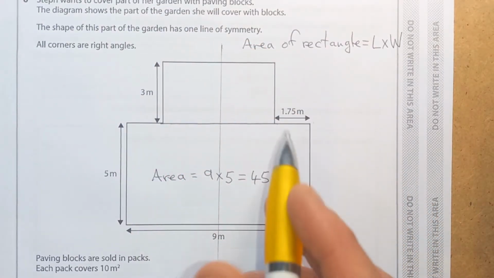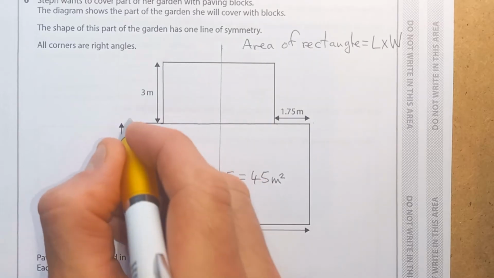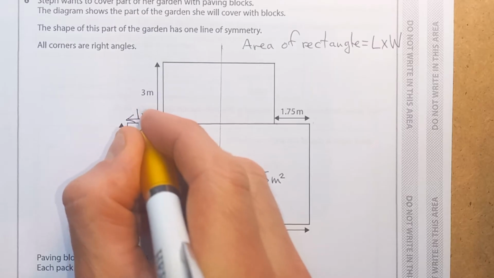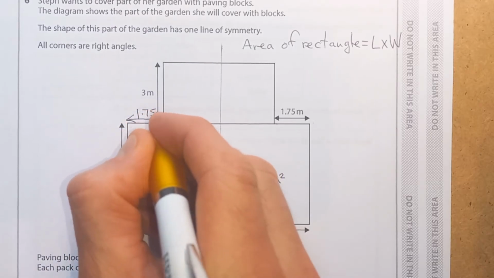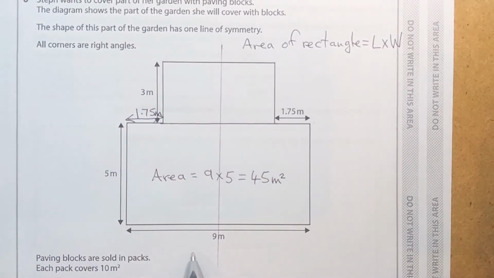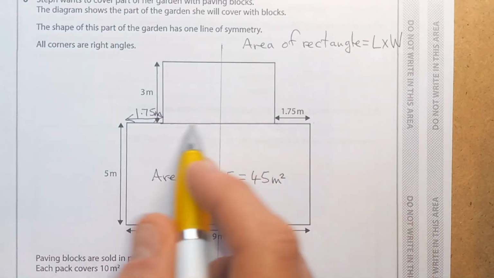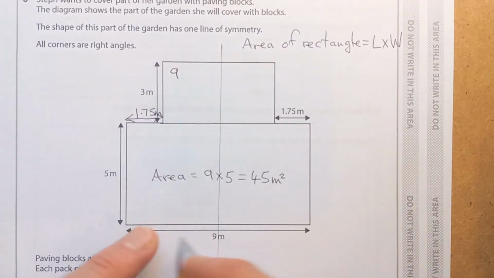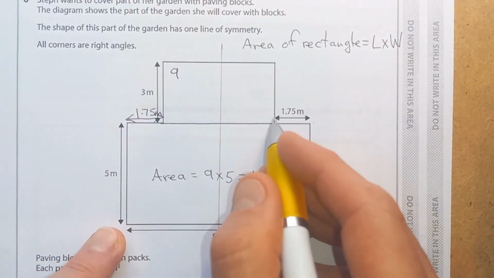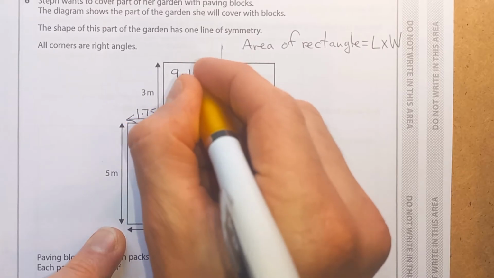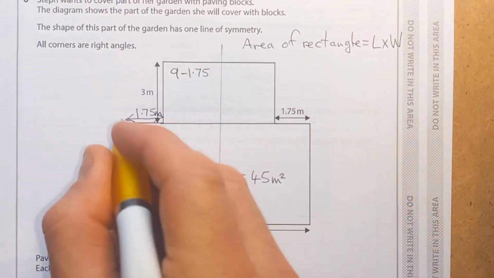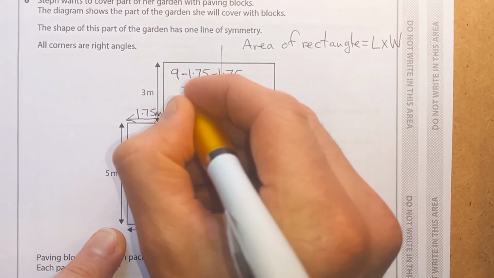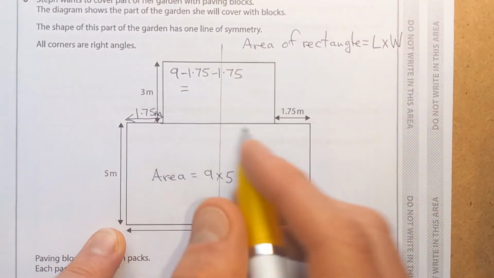So what that means is we know that this distance over here must be exactly the same as what it is over there, 1.75 meters. So if we want to work out this gap in between, well, we can take the 9 meters, which is the full length, take off 1.75 meters for that side, take off another 1.75 meters for that side, and whatever's left should be this distance here.